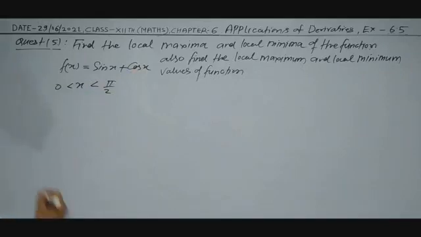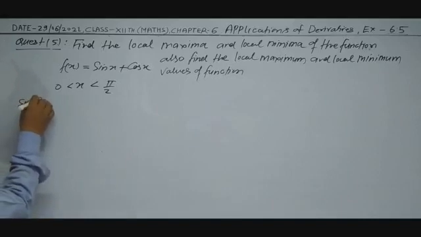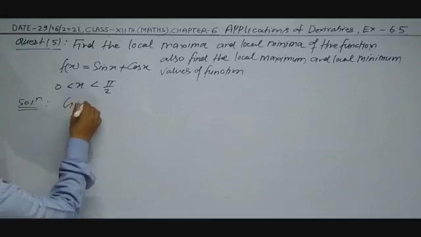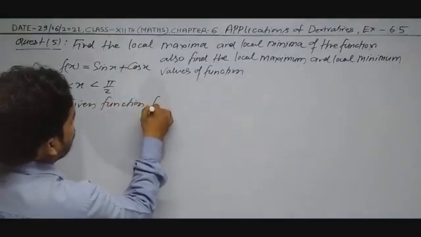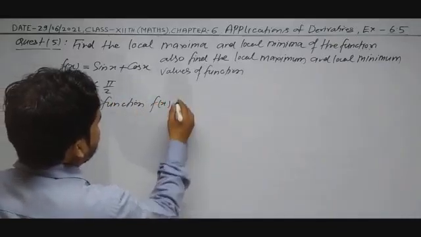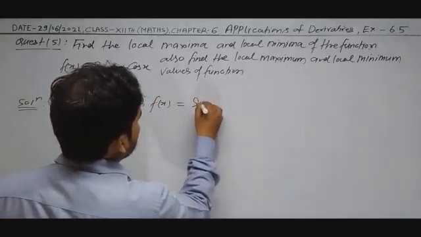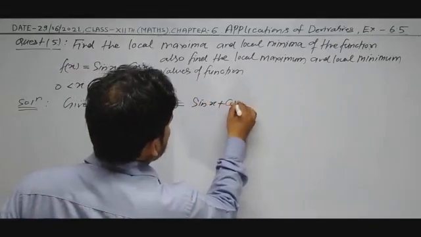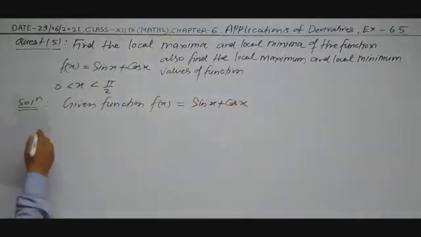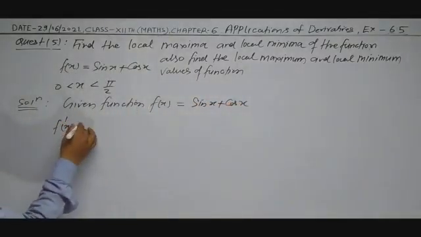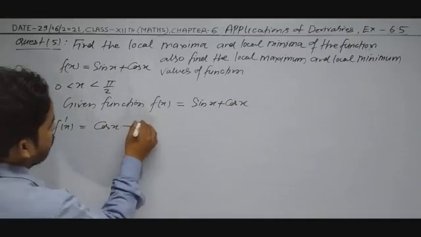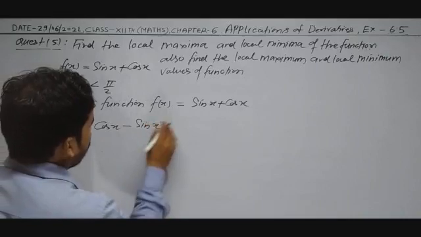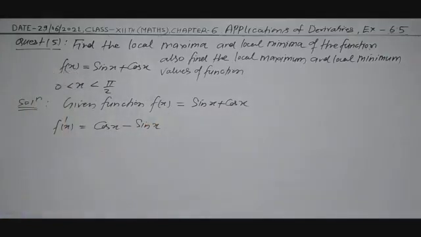So the solution is here. Given function f(x) is equal to sin x plus cos x. So first of all you have to differentiate this. The result you will get is cos x minus sin x.